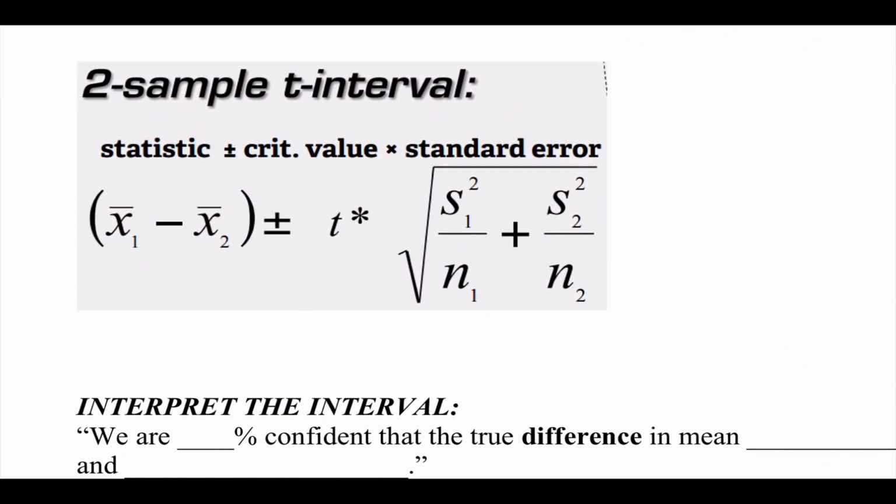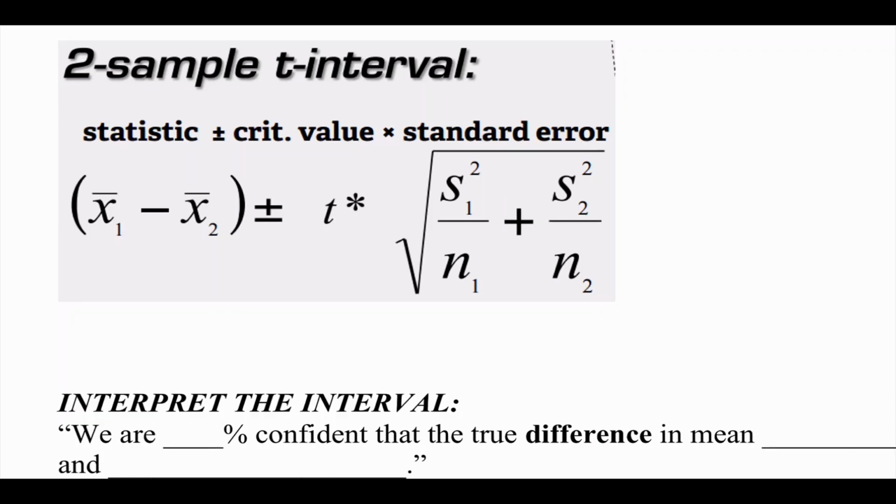Here's the formula we're going to use for two sample T. I only put the T one up there because that's usually what we have, but you could use it for Z as well, right? So subtract the two sample means, plus or minus T critical, and then the standard error.